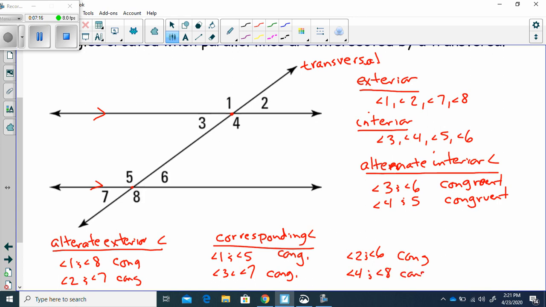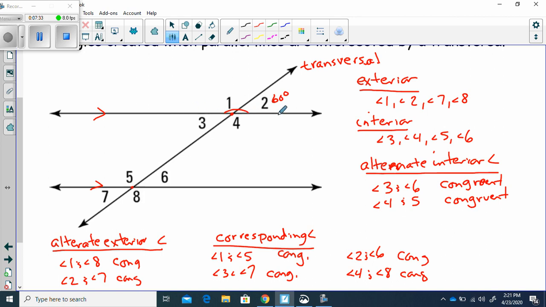Now, interesting thing is, when you've got a situation like that, if you have one angle measure in here, you would know what all of them were. Let's say this angle here was 60 degrees. These two would form a linear pair.